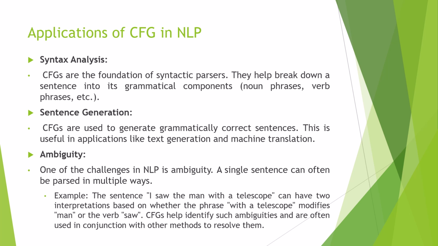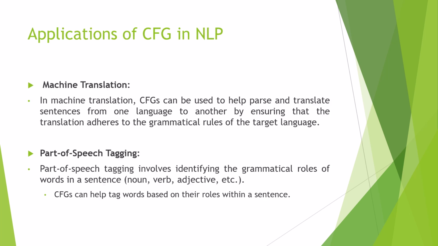So we can identify ambiguities that can be resolved at the earliest stage. For example, take the sentence "I saw the man with the telescope." This can be interpreted with different meanings. It may cause confusion about whether the phrase "with the telescope" modifies the man or the verb "saw." This kind of confusion can be avoided.